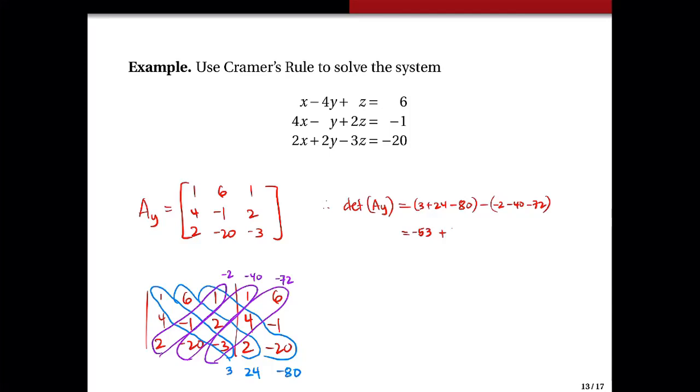Correct? And this is equal to 61. I think it's 61. Which means that y is equal to the determinant of A sub y over determinant of A. And this will be 61 over negative 55, the determinant of A.